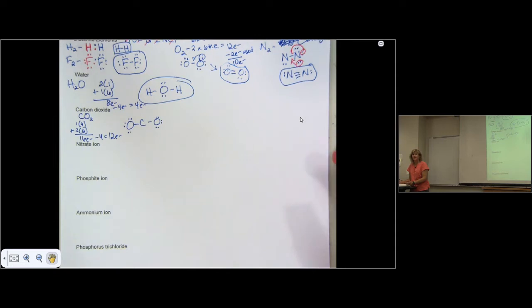Go ahead. Why does carbon need 8? Everybody needs 8 except for hydrogen. Because look where carbon is. Carbon is in the second energy level. The second energy level can hold 8. So it needs 8. Everybody past helium needs 8 because they have 2 energy levels. Okay? Good question.